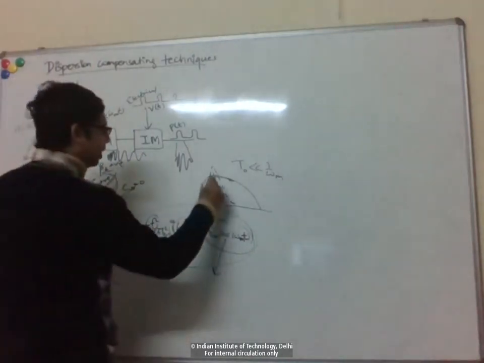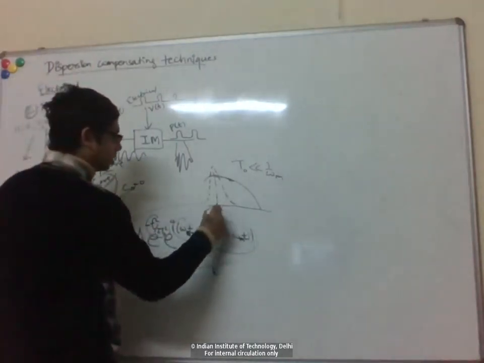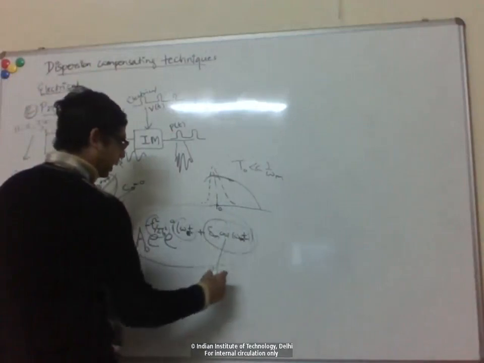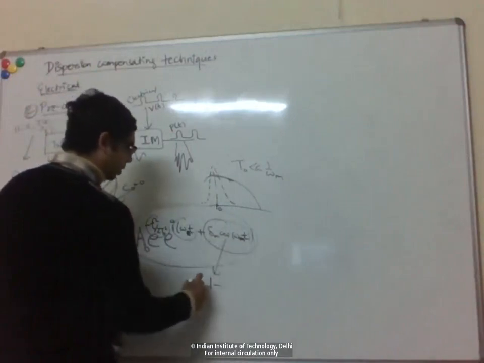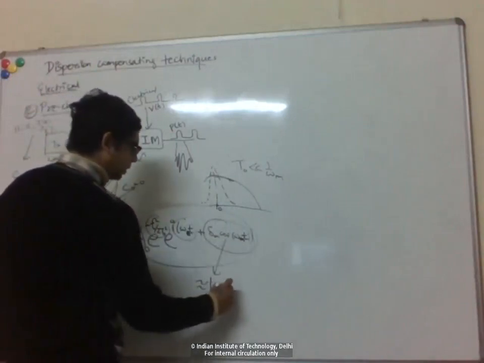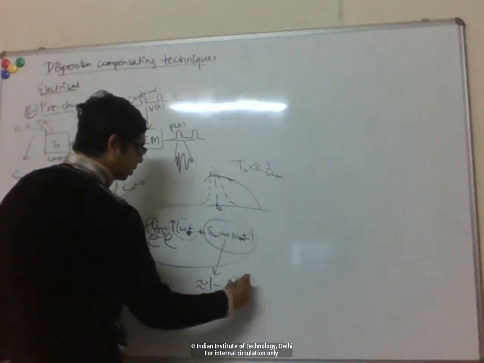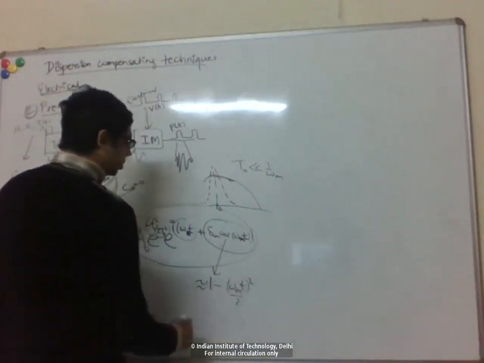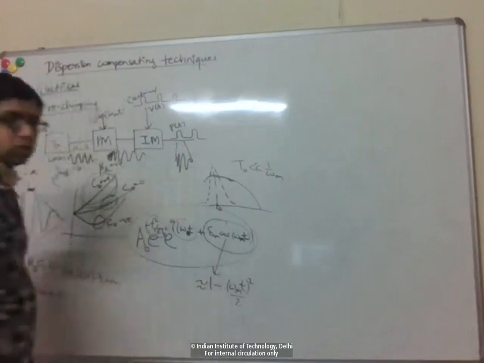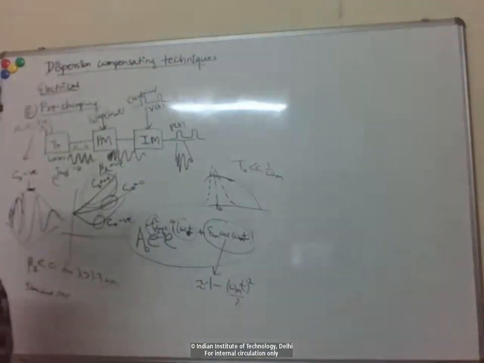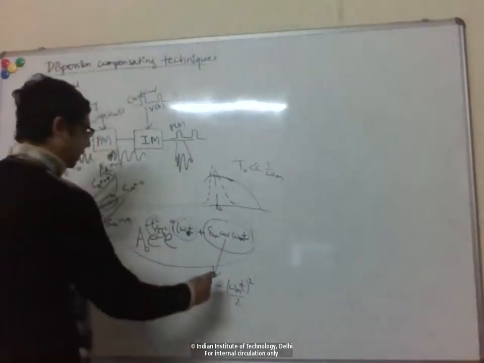For these small values of omega m t, I can approximate cosine x as 1 minus x squared over 2 for small values of x.